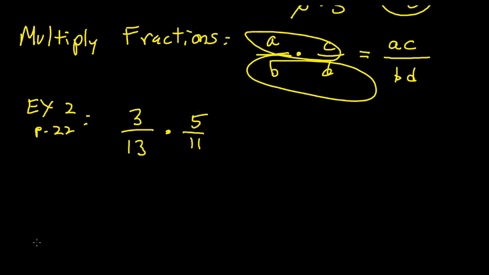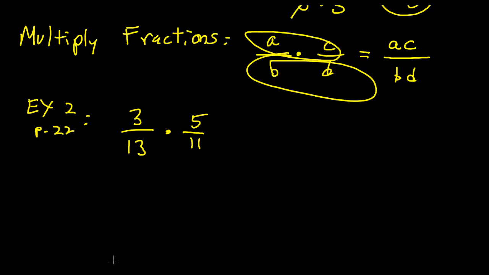Notice there are no common factors that I can cancel out here. 11 is not a multiple of 3. 13 is not a multiple of 5. There's nothing I can really cancel out or cross-cancel here before I multiply.